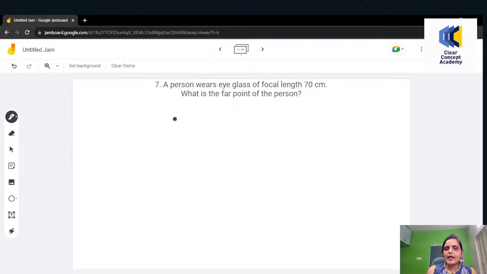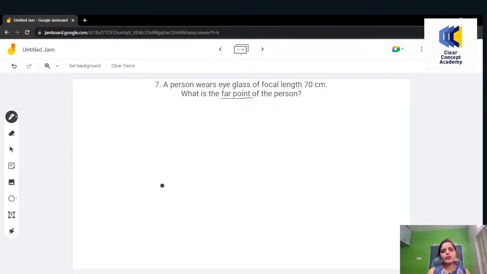A person wears eyeglass of focal length 70 centimeter. What is the far point of the person? Here you can see that they haven't mentioned the defect of the person, or the kind of lens that is used. Then how are we supposed to deduce the type of defect or type of lens? By means of this information: far point of the person.